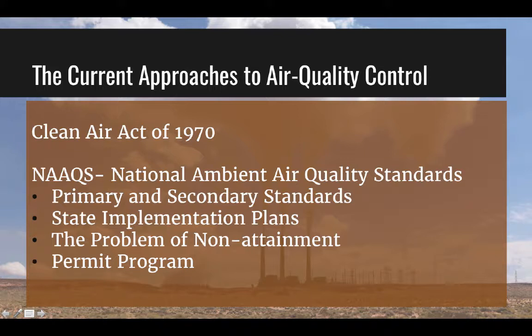Once the standards are set, the states are required to develop implementation plans, SIPs, to meet the NAAQS within 3 years for the respective air quality regions within the state. A SIP, or a state implementation plan, is submitted for each criteria pollutant within 9 months of the NAAQS being received. There can be an 18-month extension.